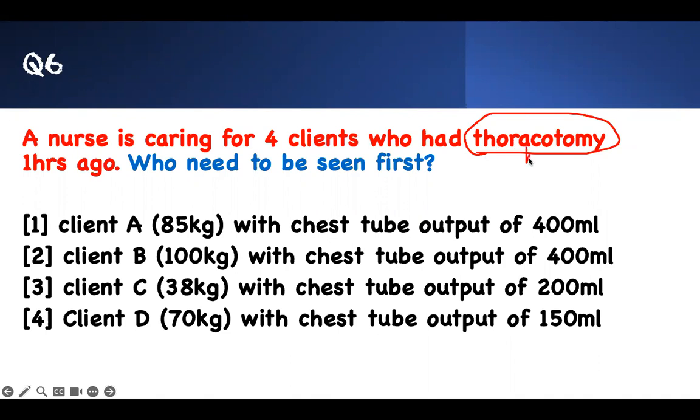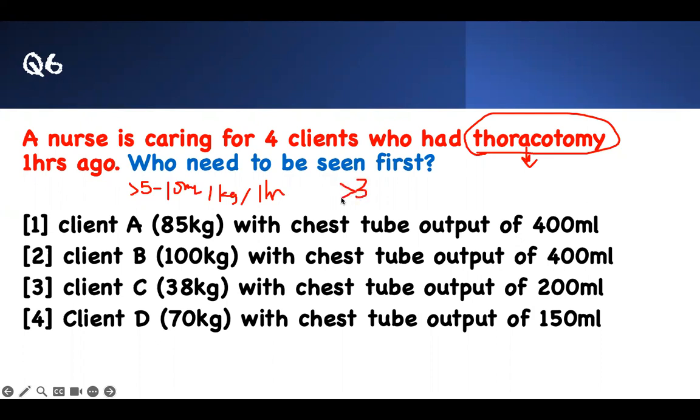Any patient who has a thoracotomy, that means they have chest surgery and they have chest tubes. There are certain things you have to know. If the chest tube output is greater than 5 to 10 mL per kilo in an hour, you've got to see them, they're bleeding.